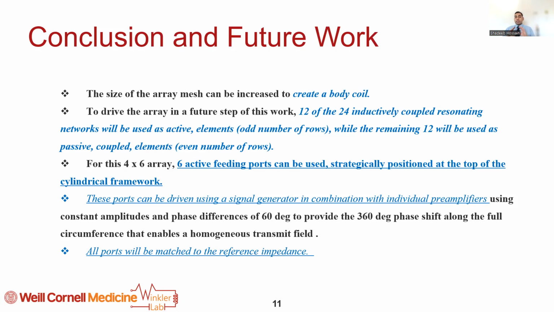So since it's a 6 times 4, we would have 6 active feeding ports because it's like 6 along this direction and 4 along this. So 6 of them active. We would need 6 active feeding ports, which we would place along the cylindrical framework, and they need to be connected to a preamplifier, and there has to be a phase difference of 60 degrees between each of them to create a more homogeneous field distribution, as I've shown you earlier.